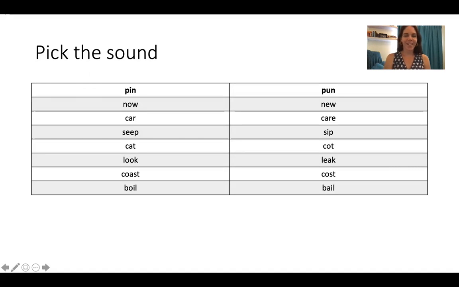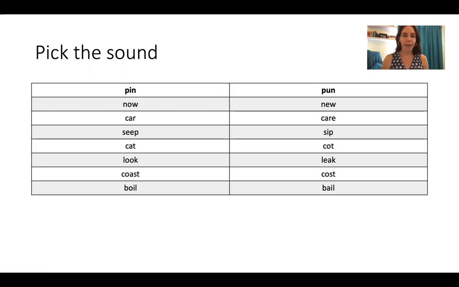Hello again. We're going to do a little activity that looks at the different sounds with minimal pairs. These are words that sound almost the same except for one sound. If you can tell the difference between the two sounds, it makes it easier to understand the word.